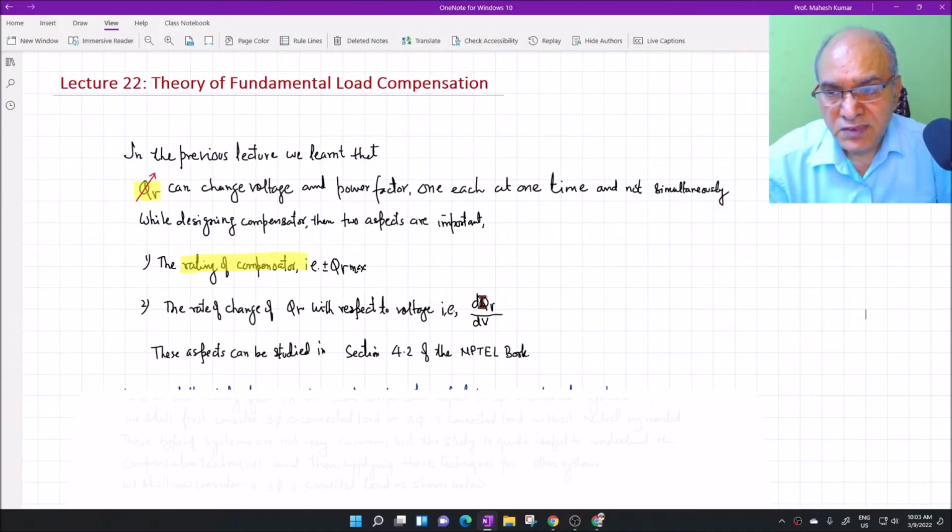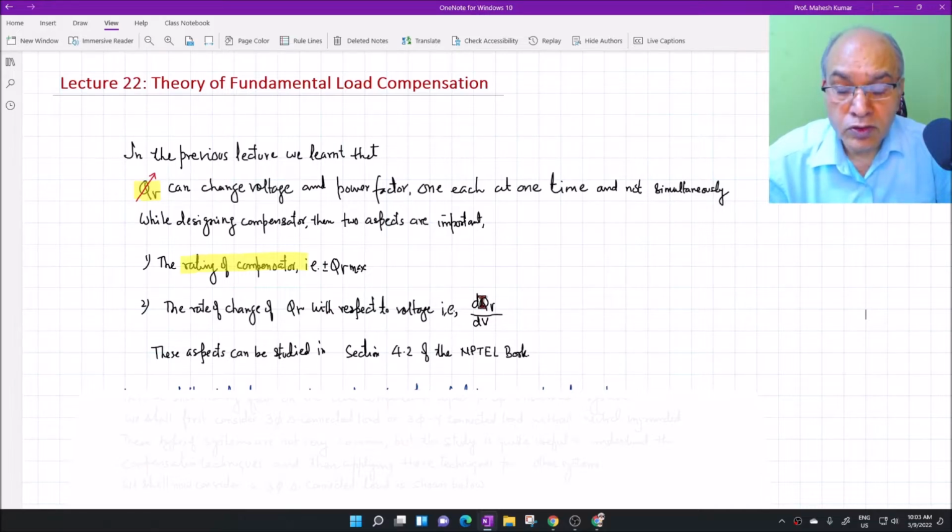So in the previous class we have discussed the features of the compensator in terms of the power factor correction and the voltage regulation. We have seen that if we control the power factor, then voltage cannot be controlled independently.